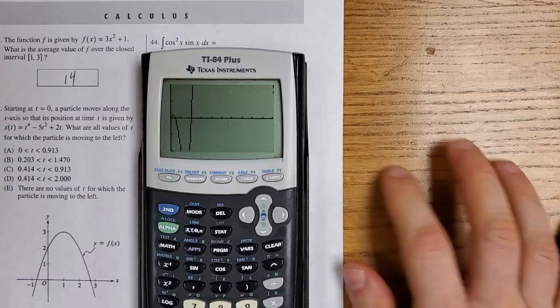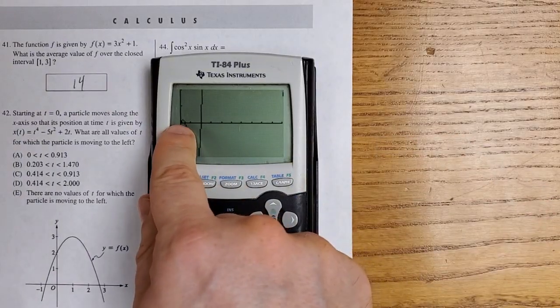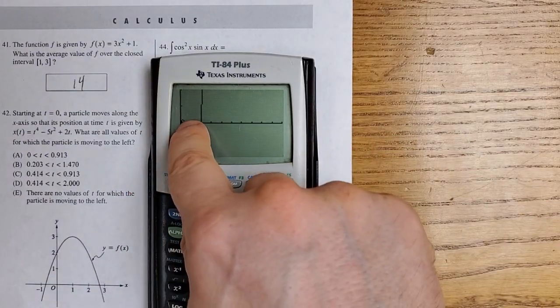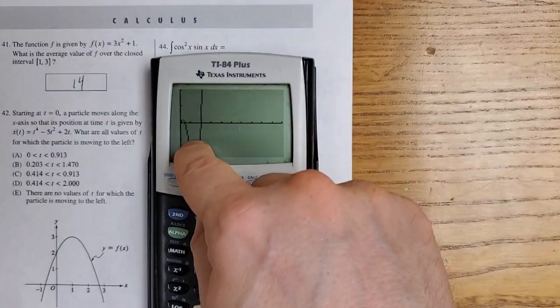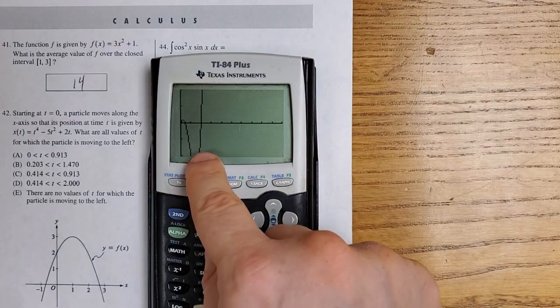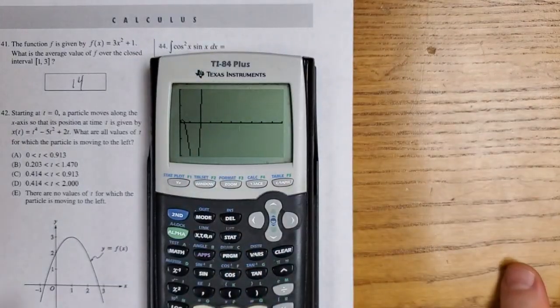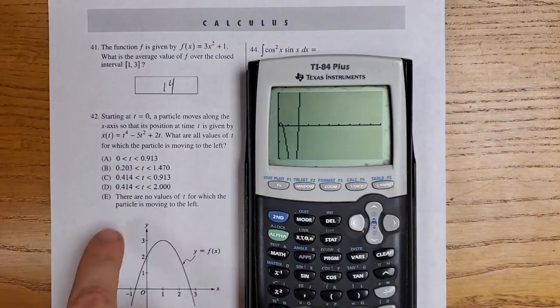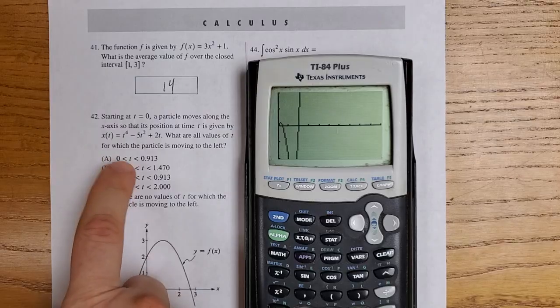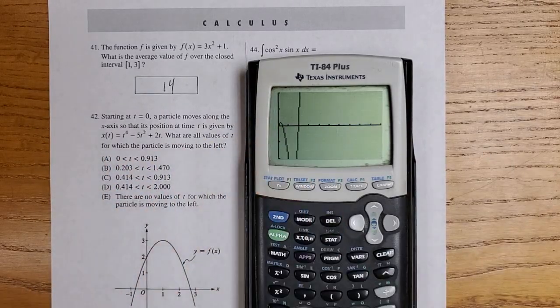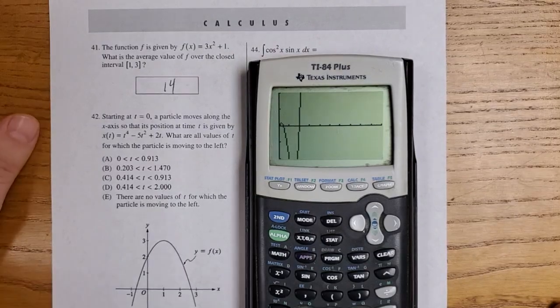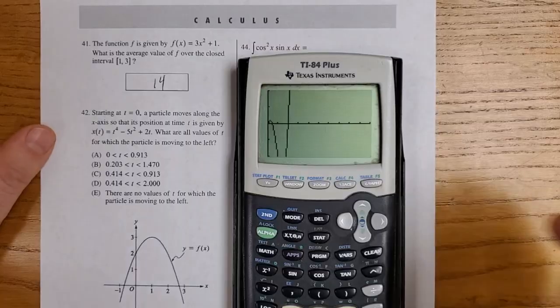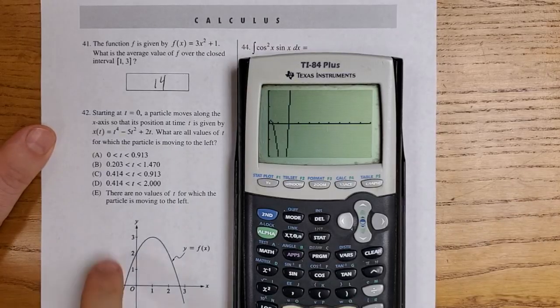And now we can really see that it does actually go up a little bit, and then it reverses and goes back down, and then reverses and goes back up. If we hadn't zoomed in, we might have thought, oh, it's moving down from the very beginning. But it's tricky, and we catch that because we have to zoom in, because we're doing it on the calculator.